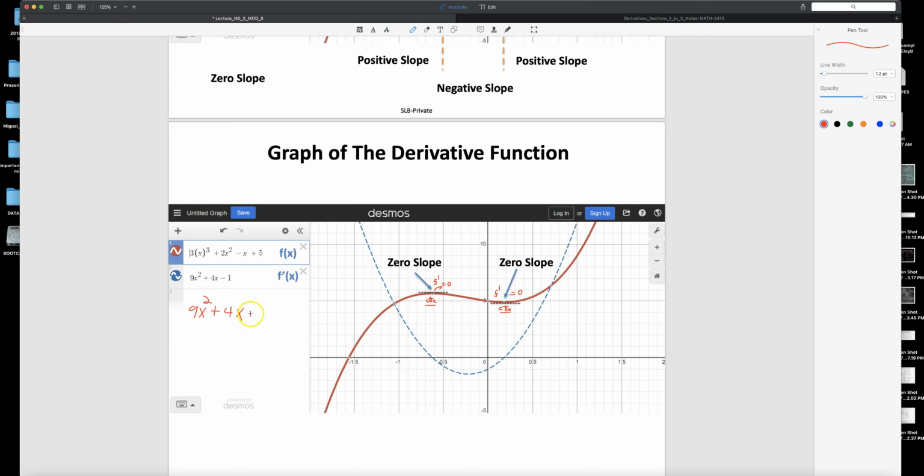The derivative of s is going to be 1, and the derivative of a constant function is 0. So this is the derivative function. Okay, now you are able to solve this. Now you know where this is coming from.